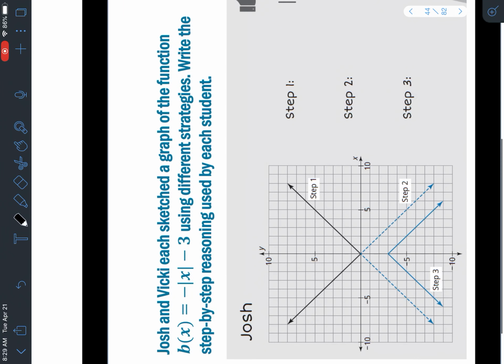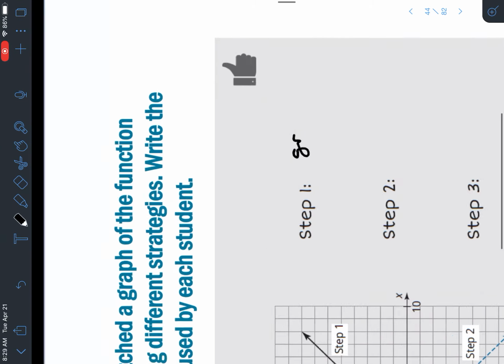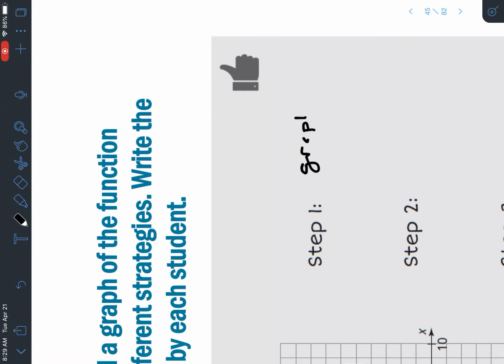Okay, so step 1, we can say Josh graphed the basic function of b of x is equal to absolute value of x.